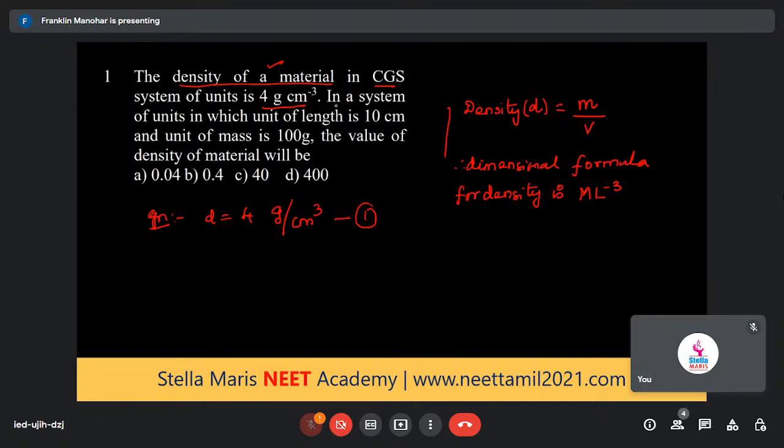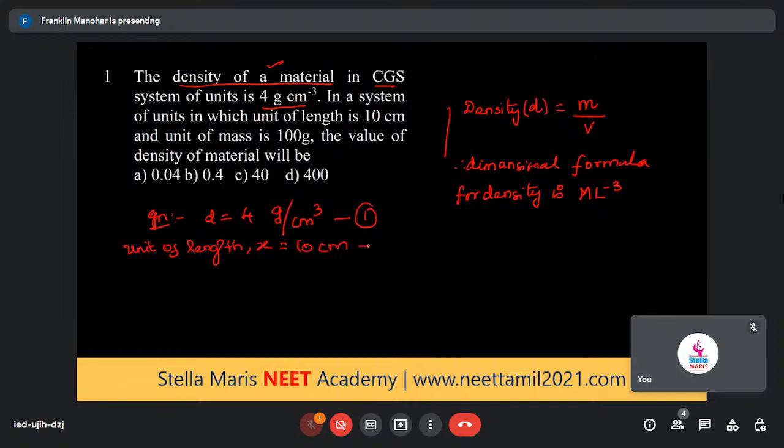Then what they have given: in a system of units in which unit of length is 10 centimeter. For your understanding I will specify it. Since this is the first problem, I am going step by step.